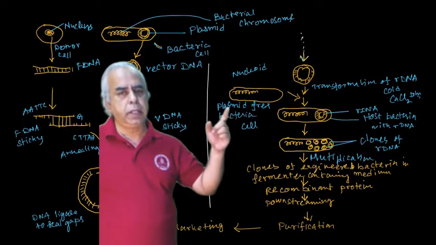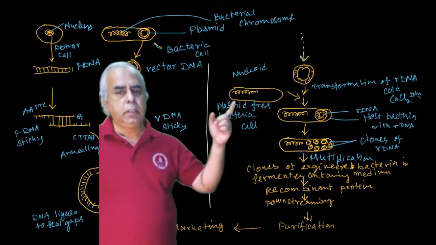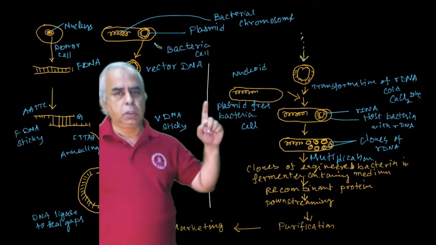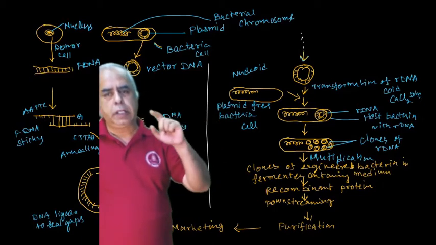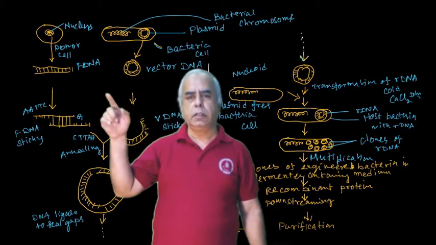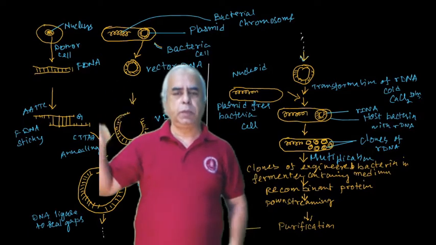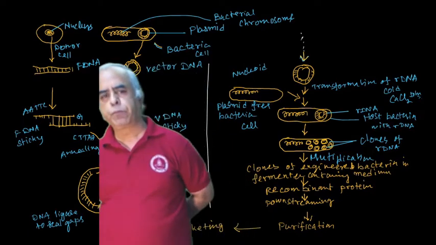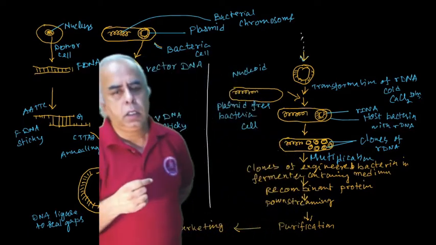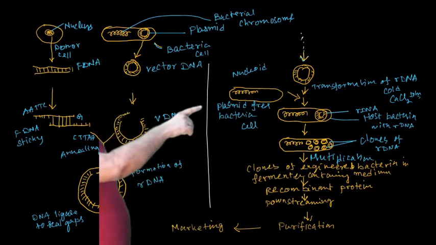So there should not be any plasmid. It should contain the chromosome. And here after mixing, the transformation takes place. Are you able to see that?